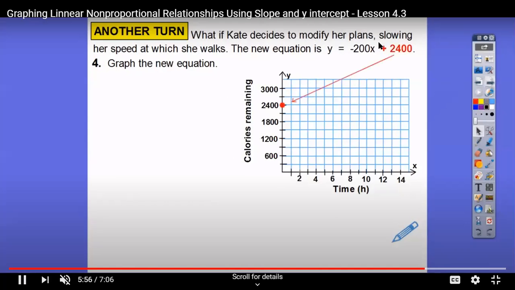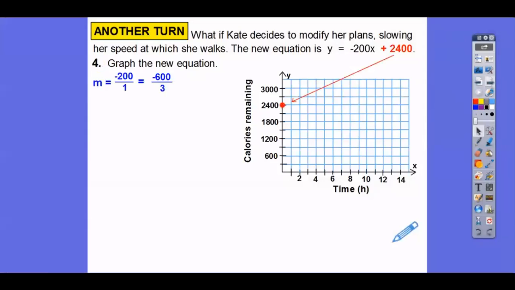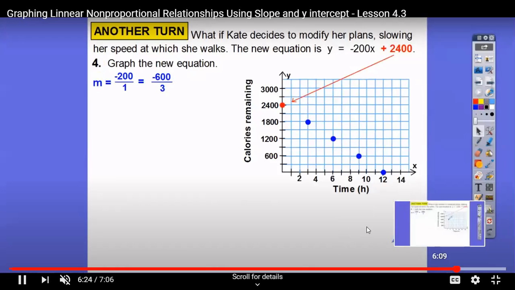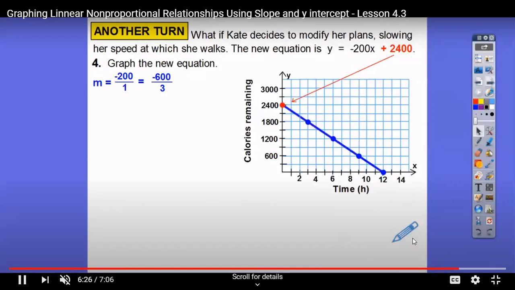And then we use the slope, which is negative 200: down 200 and then 1 to the right. Again, down 200 and then 1 to the right, down 200 and then 1 to the right, till the end. Now we will connect the points together.